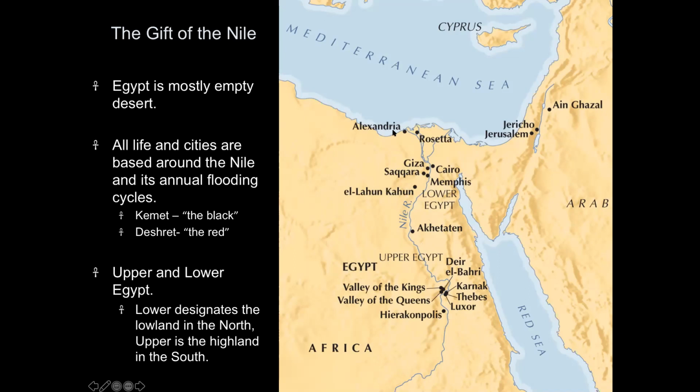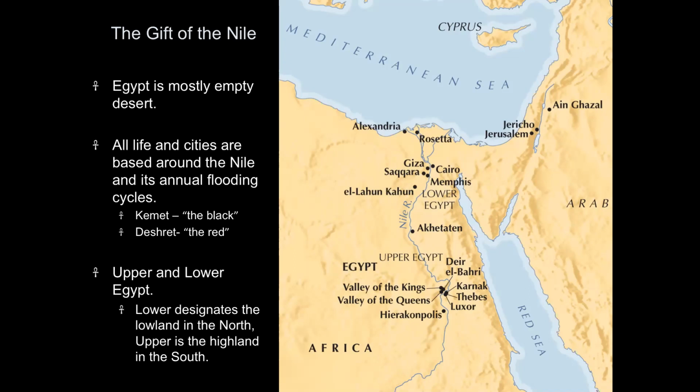The ancient Egyptians actually called their land Kemet, which means the black land. Every year the Nile floods, and in that floodplain is some very fertile land that you can grow crops in. So they call that the black land, as in the fertile land.